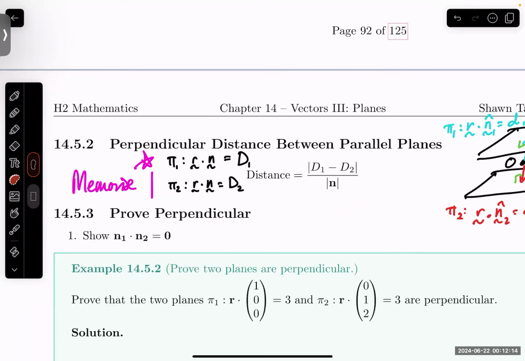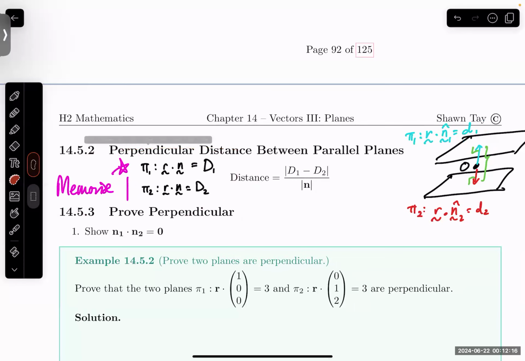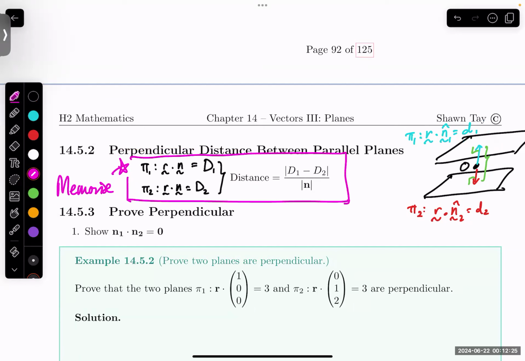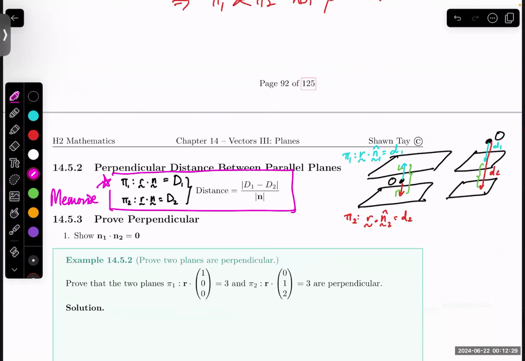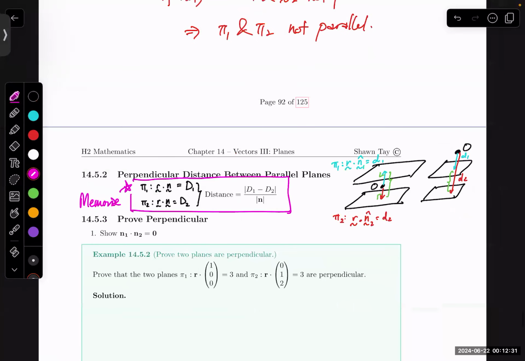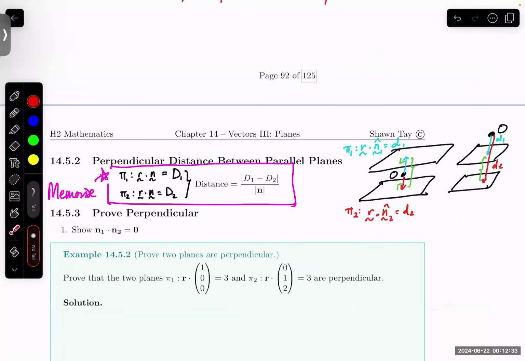Then the distance is given by that. Try to memorize this. I don't think it's worth confusing yourself with this. Also, the reason it's the same n is just because the planes are parallel, so the normal vectors are the same.